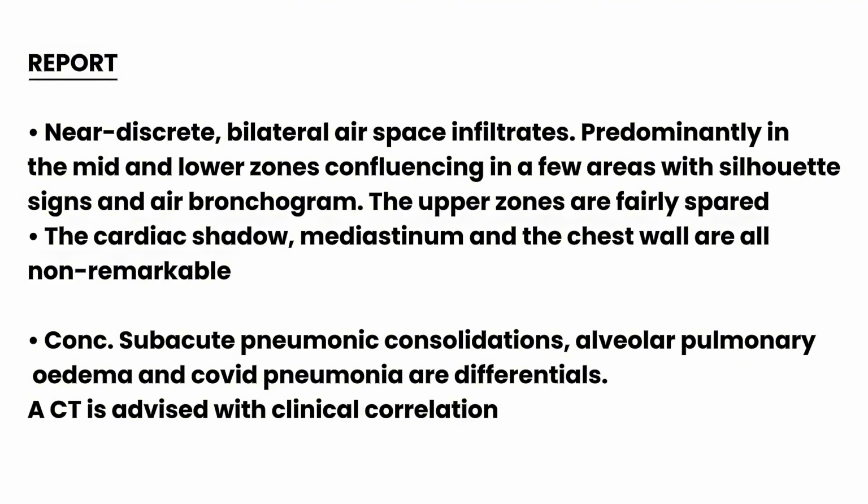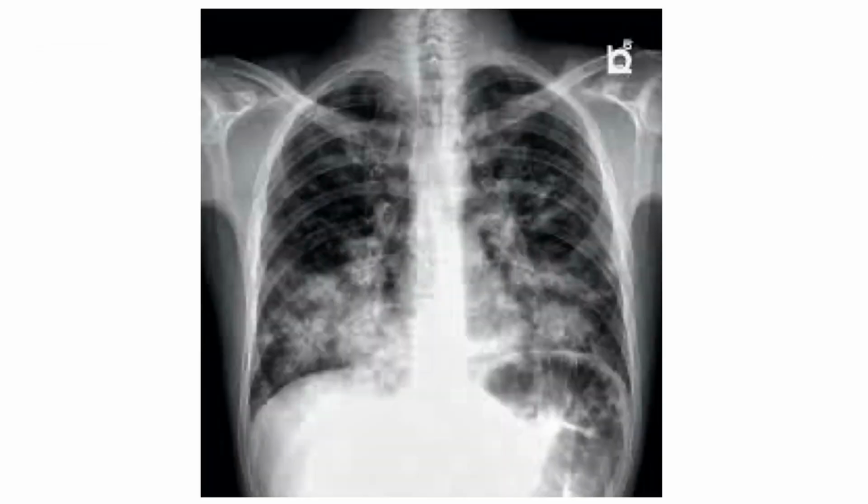So again, here it gives you the description which I was showing you earlier on, and I say these are fluffy, mainly in the mid-zone, tend to spare the apices, and of course they have a positive silhouette with the medial aspect of the cardiac shadow. Of course you can also say the presence of air bronchogram, which puts it more on the alveolar side.